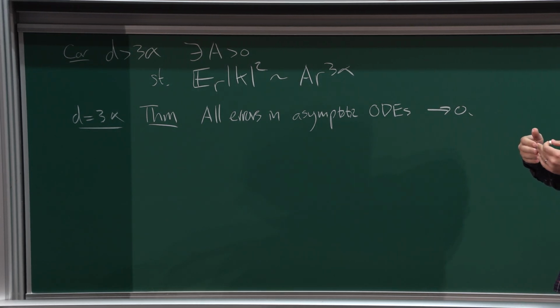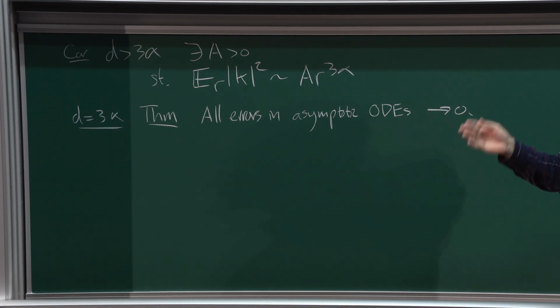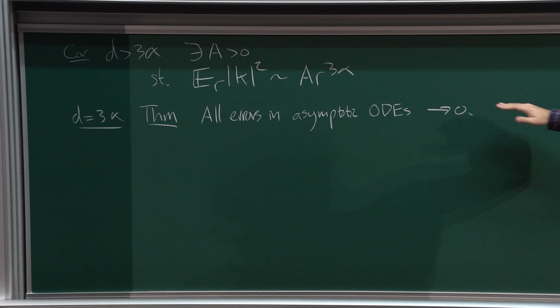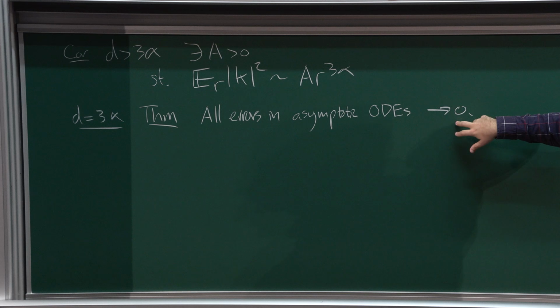You work under this contradictory assumption for an extremely long time, establishing more and more nice properties of the model under this assumption, until eventually, after like 50 pages, you reach some contradictions. So I'll say a bit more about that later, but basically, because it's a proof by contradiction, it does not establish any quantitative rate on the errors going to 0.